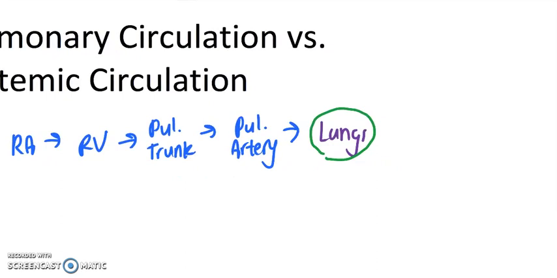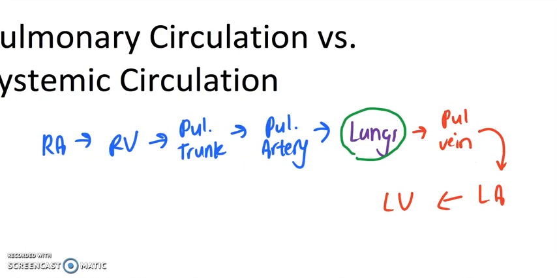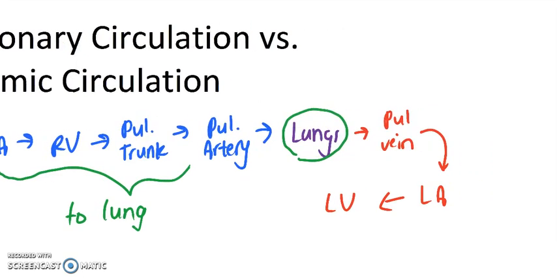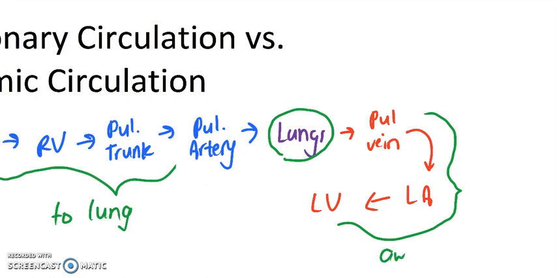Okay, let's see what we have after this. So now we have the pulmonary vein. Now we have the left atrium and the left ventricle. And this is eventually going to leave toward the body. But this part here is to the lungs. Again, our reference point is the lungs. And this whole chunk would be away from lungs. So we call this pulmonary, which means lungs, pulmonary circulation.